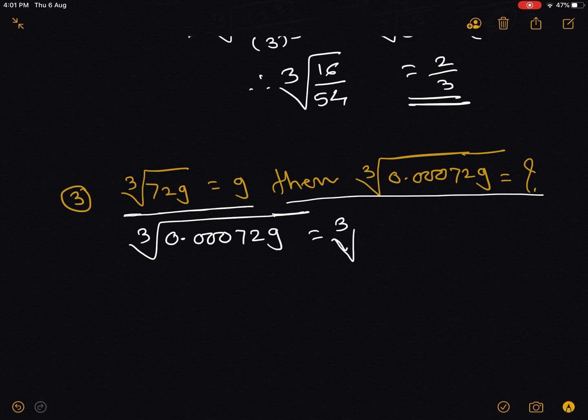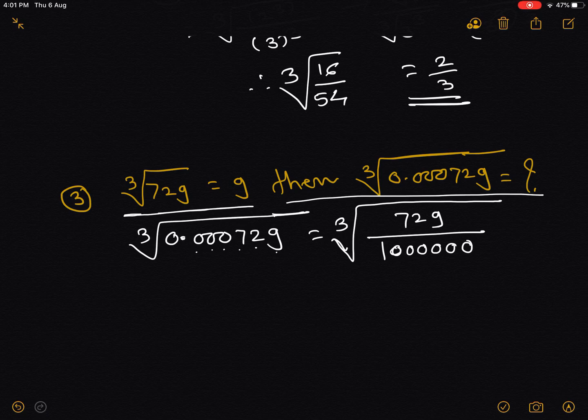We write this decimal fraction as a rational number, that means 729 upon 1 followed by zeros, since the decimal number has 6 places: 1 2 3 4 5 6, then upon 1 and six 0s. It is in the form of a rational number.